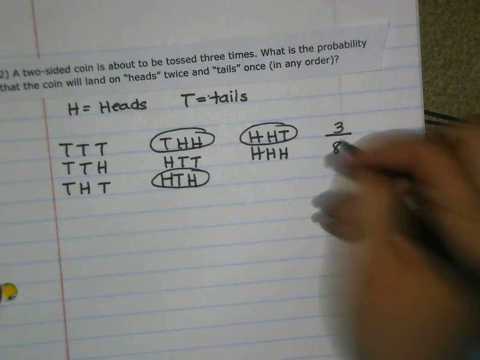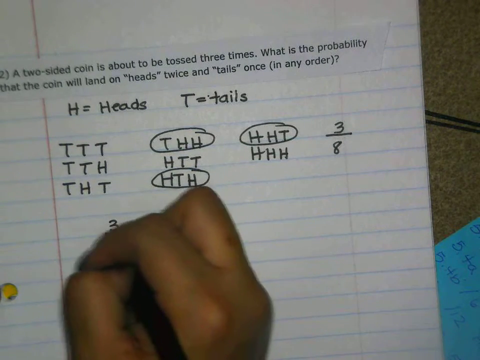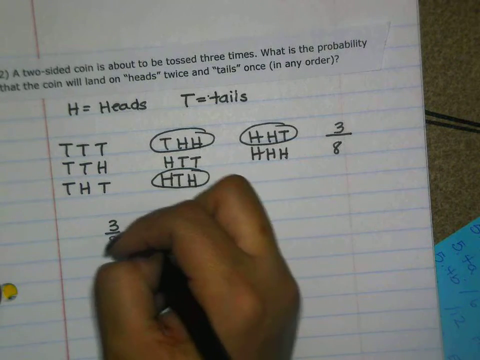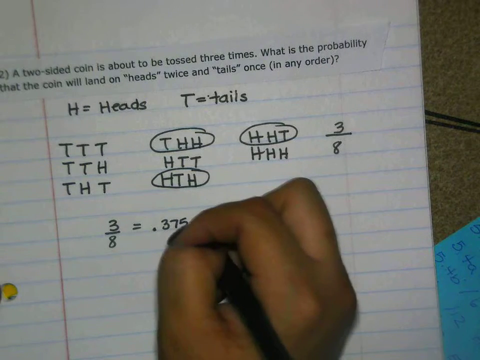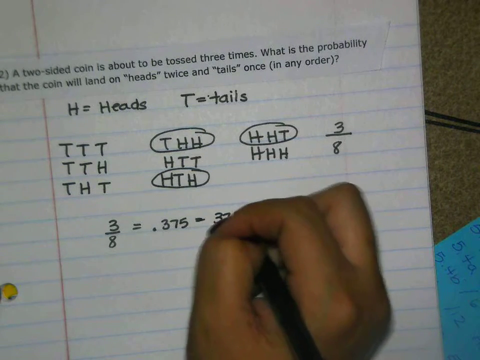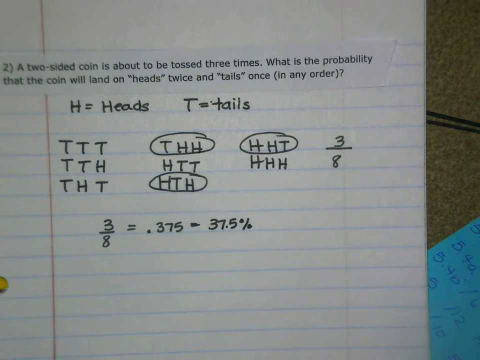So that is a probability of 3 out of 8. And we can write that as a decimal of 0.375. Or we can say there's a 37.5% chance that we are going to land on a 2 heads and 1 tail version.